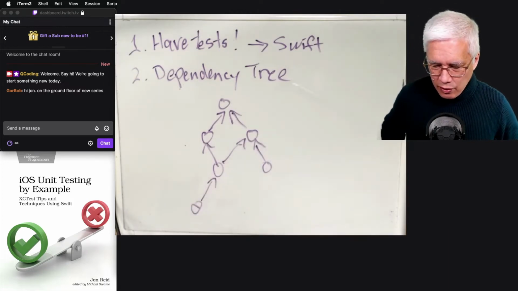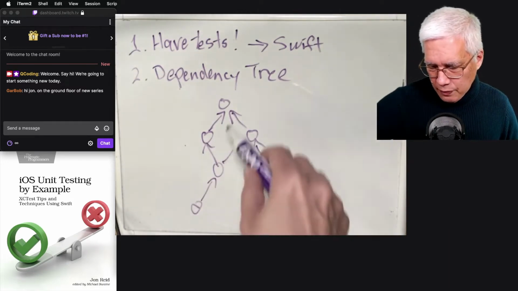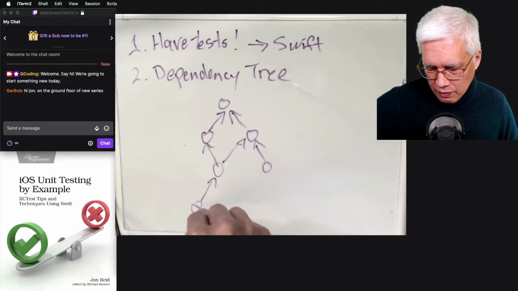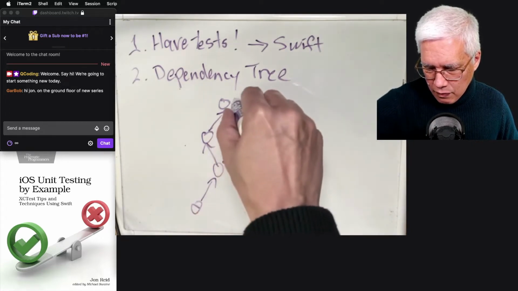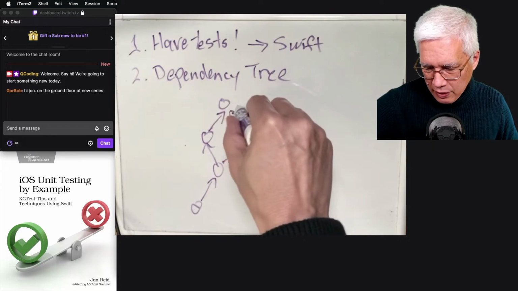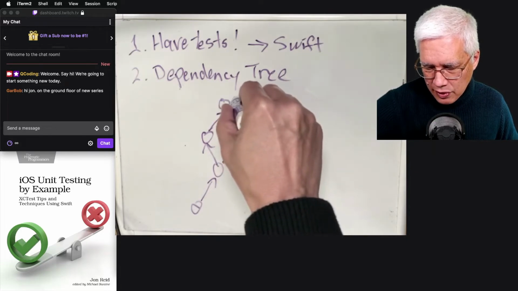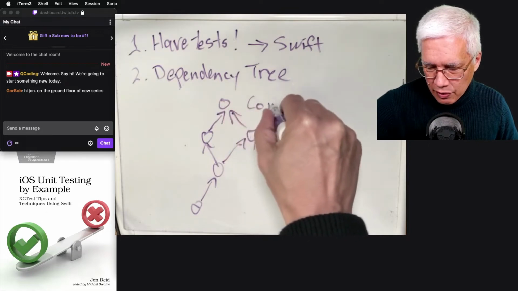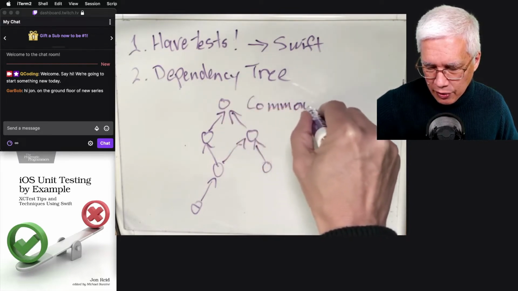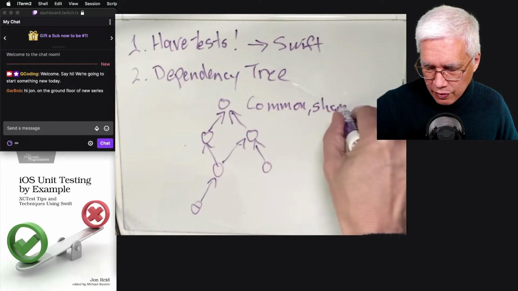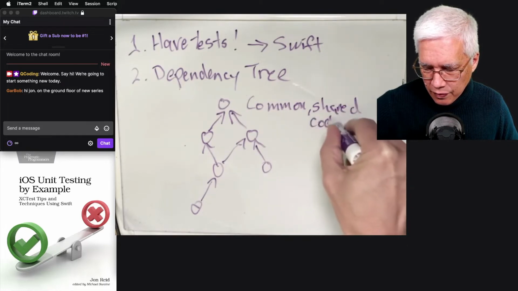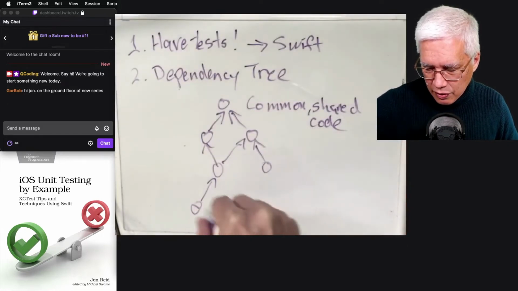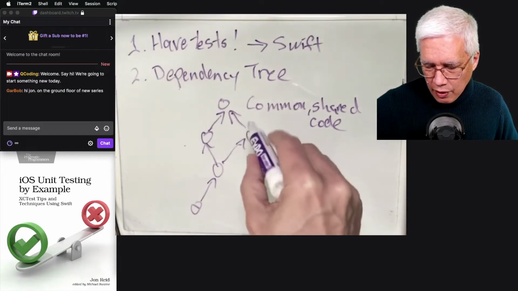You might have everything dependent on something really common. So this is common shared code. And out here at the leaves is interesting.